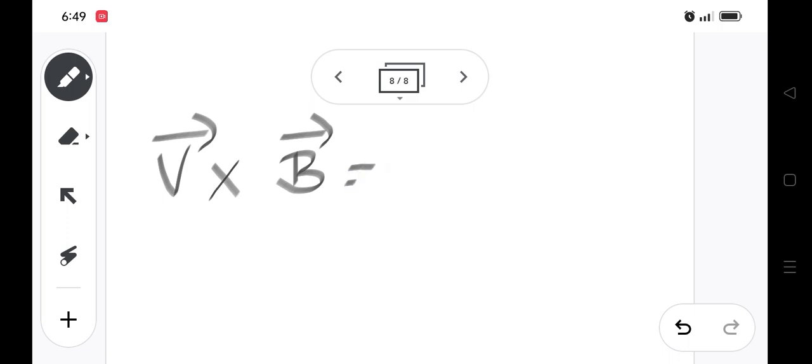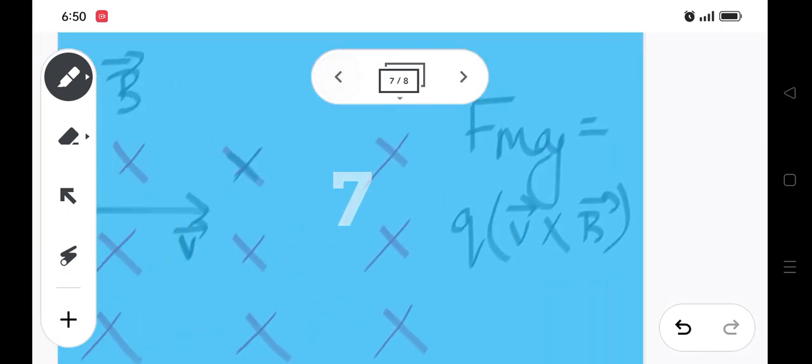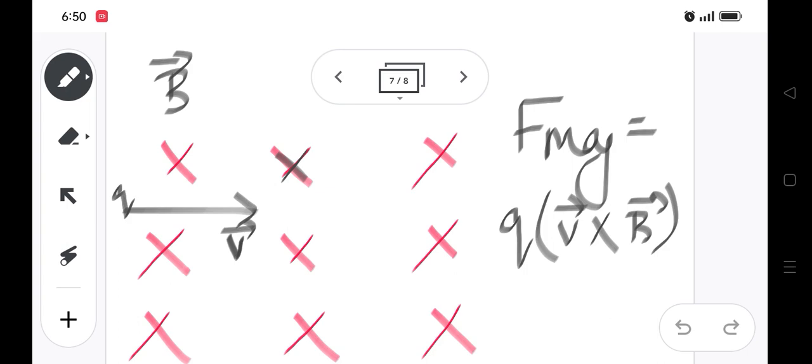The cross product of v vector and B vector is perpendicular to both v and B. V cross B means magnitude of v into magnitude of B into sine of the angle between the two. So the magnetic force is q into v cross B.